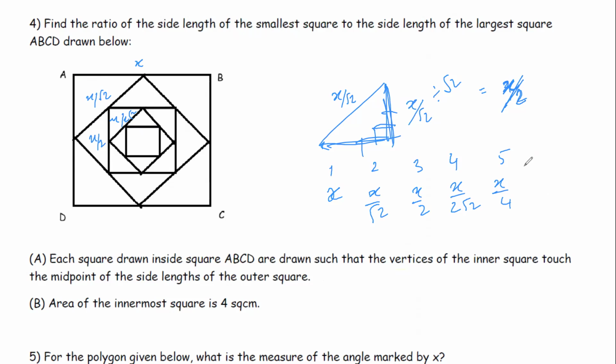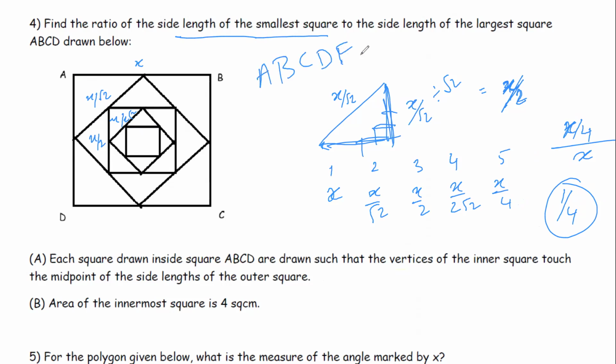So the side length of the smallest square is x by 4, and the largest one is x. Literally, we did not require any dimension. The ratio is 1 is to 4. Got it? So A answers, so B, C, E is out. Now, second one, the area of the innermost square is 4 square centimeters.